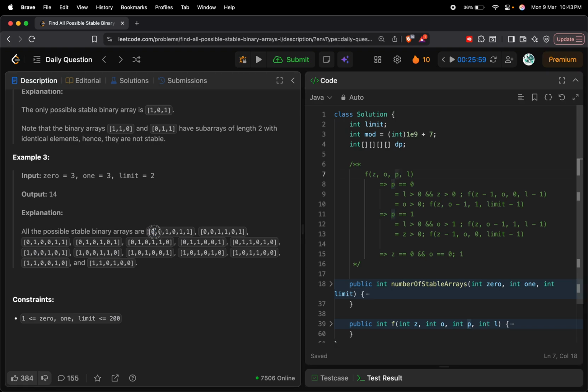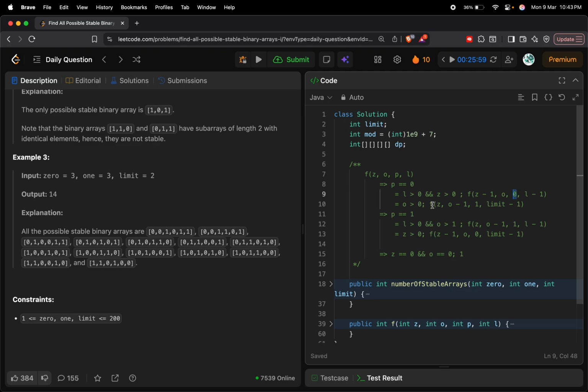Where L will tell the allowed limit for the particular zeros, if zeros are allowed and I have zeros with me, then I will keep 0 at that position, and my overall limit for that 0 will reduce by 1.